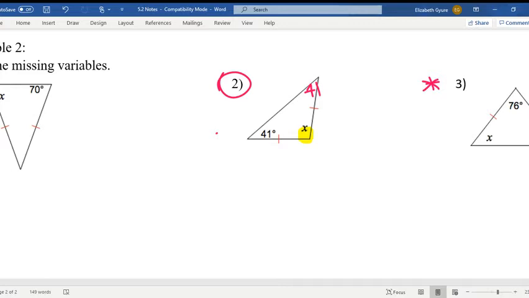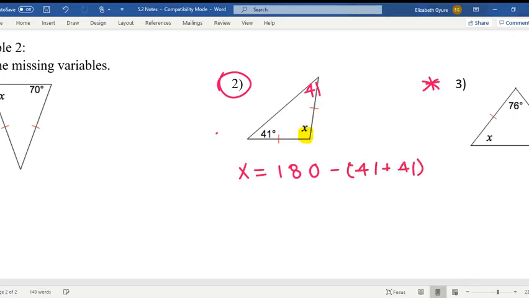And now, how do you think we could go about finding x? Trey? Very good. Yep, you know all 3 angles are going to have to add to be 180. And how you set this up is up to you. I'm going to say that x equals 180 minus 41 plus 41.